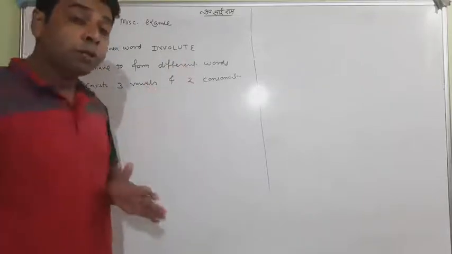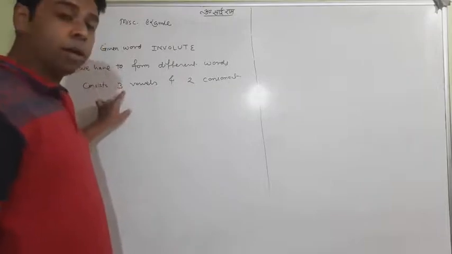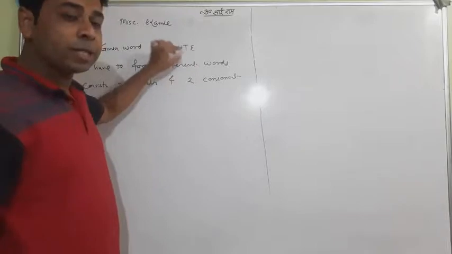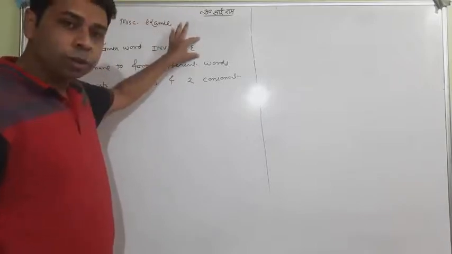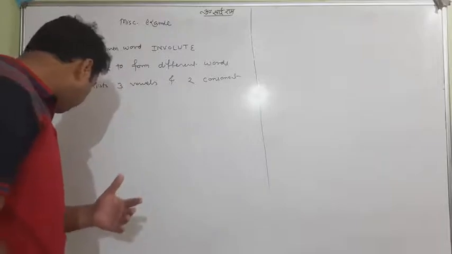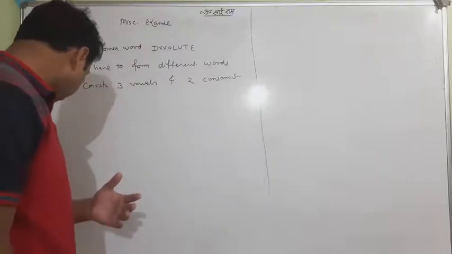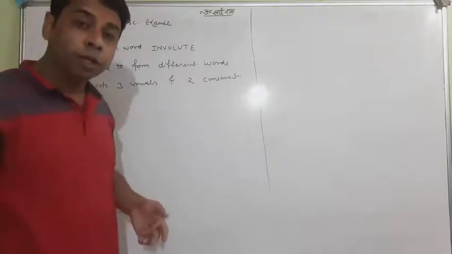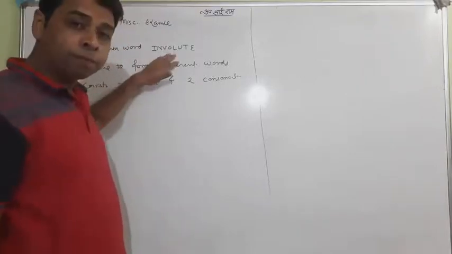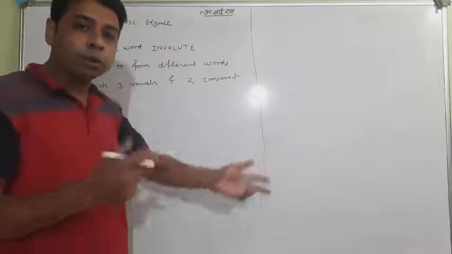Now let me say one thing, that three vowels and two consonants will be chosen from these, because actually we want to arrange letters of involute. We will separate vowels and consonants.